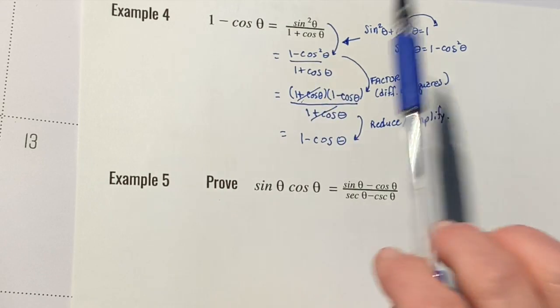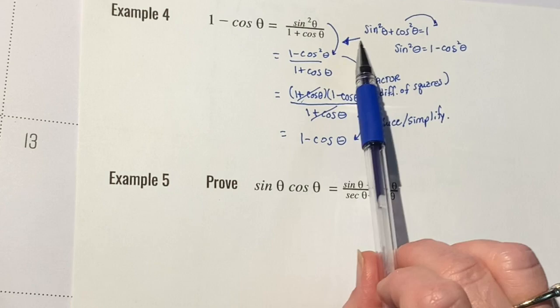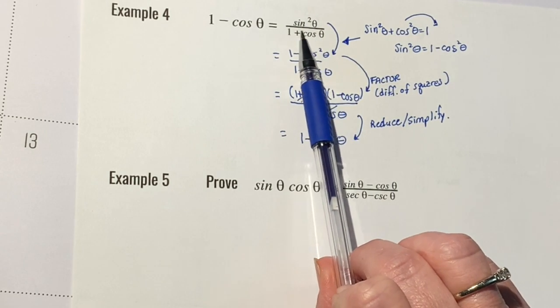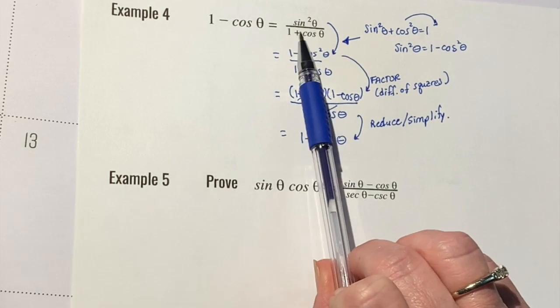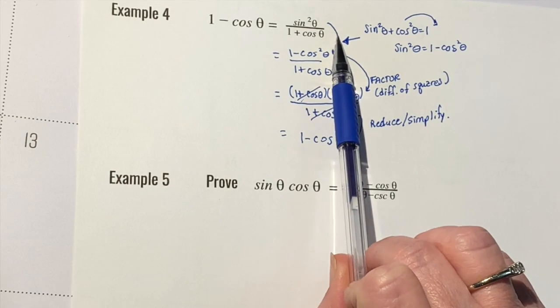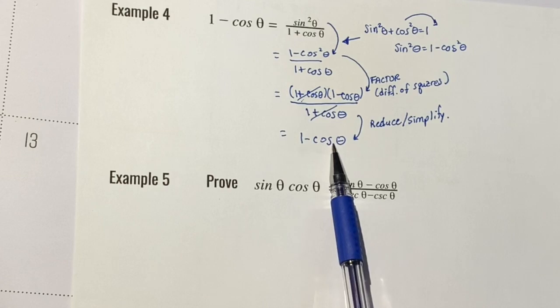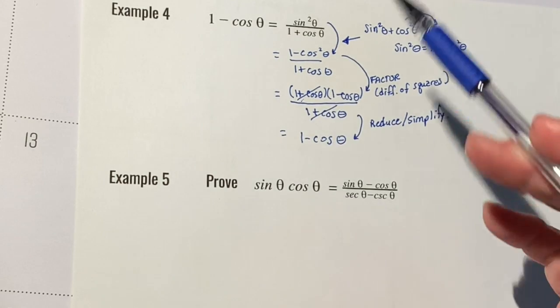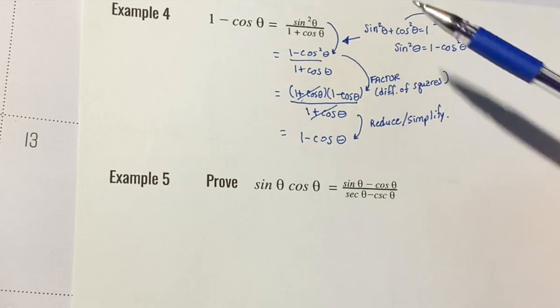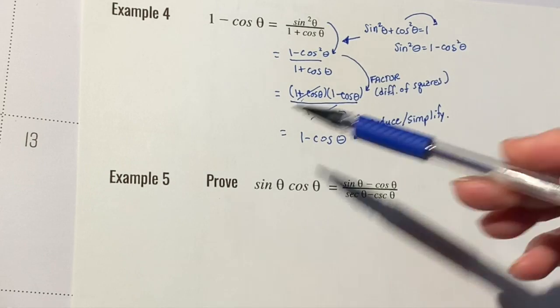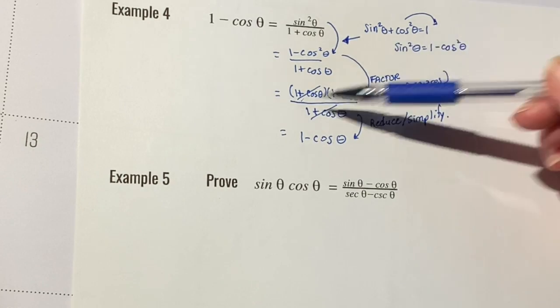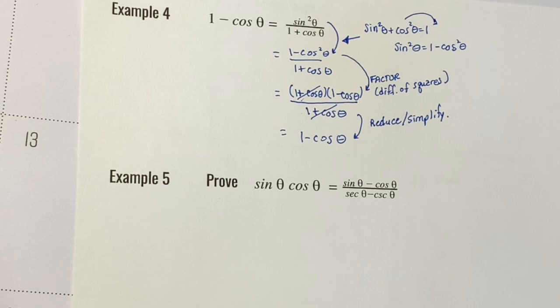So in the completed notes on Google Classroom, I multiplied the bottom and top by 1 minus cosine theta. It worked fine. I still got there, just a different route. So I just want you to know that when you're looking at that in the video, it doesn't line up with the notes that are already on there, because you'll see two different ways to do that problem.